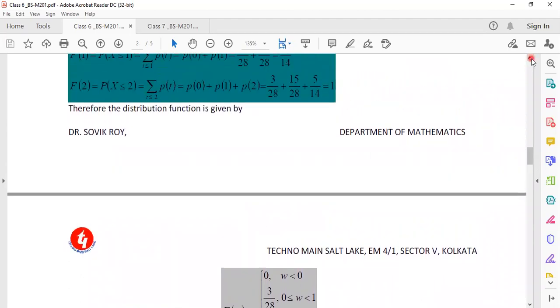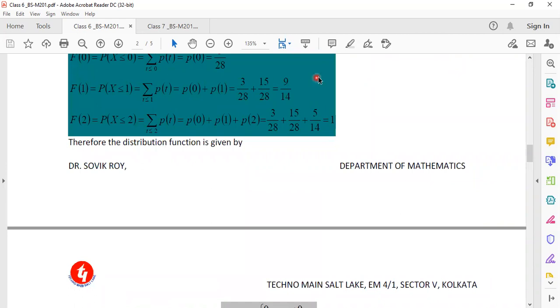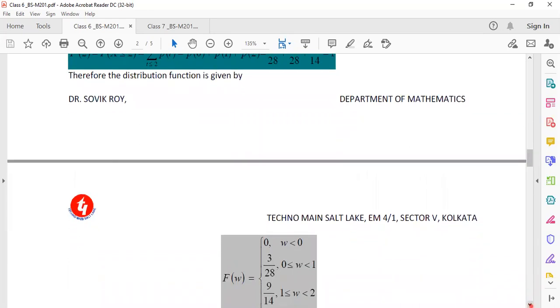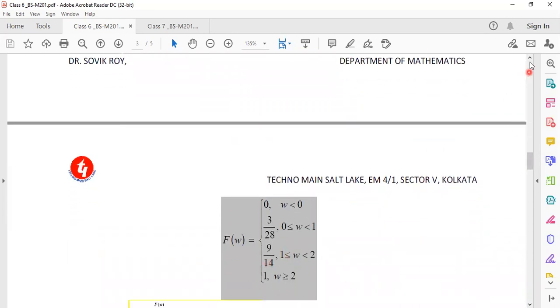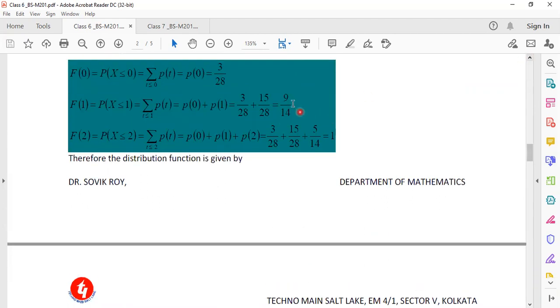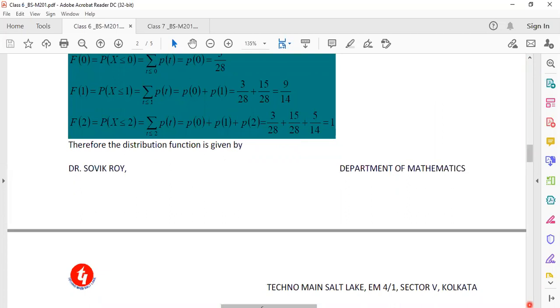You get it from here. Whenever I write t less than or equal to 1, that means we consider t equal to 0 and t equal to 1. We got 9 by 14. So the previous result has been combined with the current one to get the latest one. When I write W equal to 1, the latest value has to be taken into consideration, which is 9 by 14. So we have written here 9 by 14.